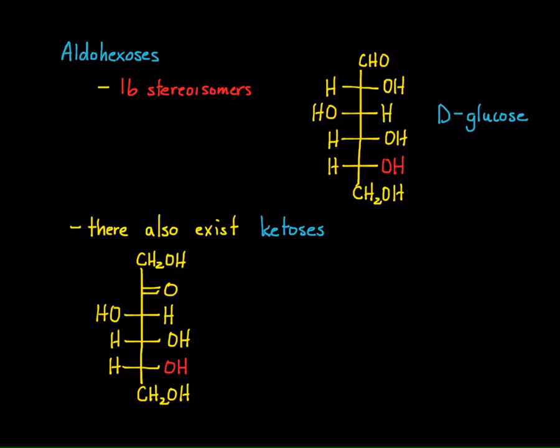In this particular one, notice again the configurational carbon OH is on the right-hand side, so this is D, and this particular ketose is D-fructose. So that's important to understand. And that gives you a little bit about the nomenclature of carbohydrates, a brief little interlude about the nomenclature of carbohydrates.